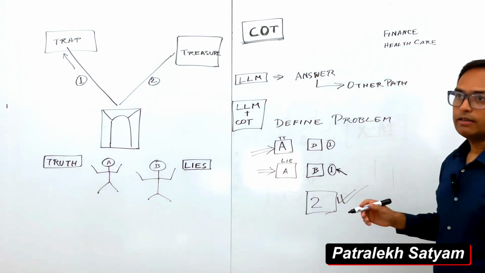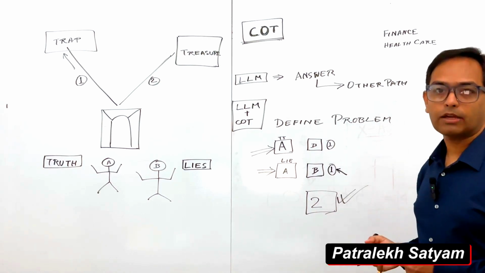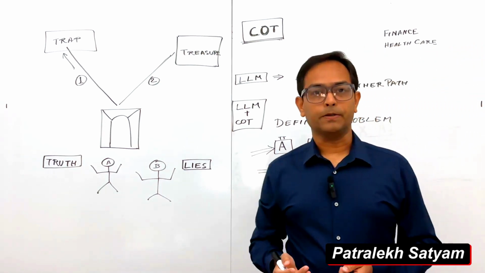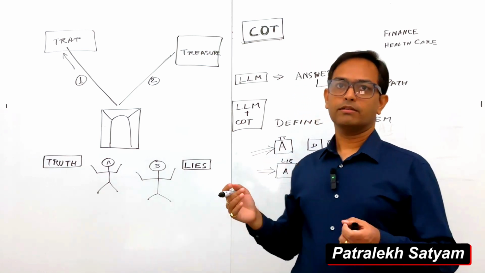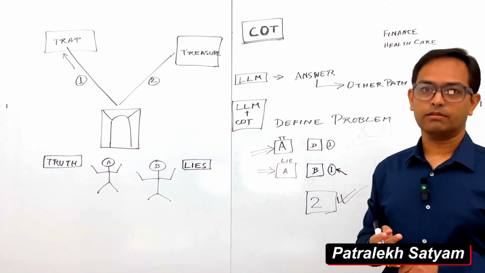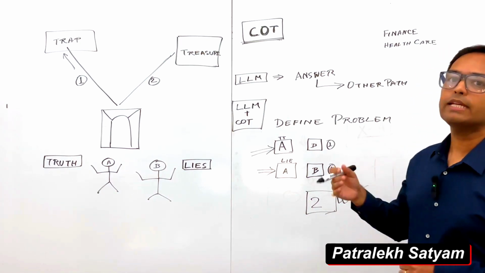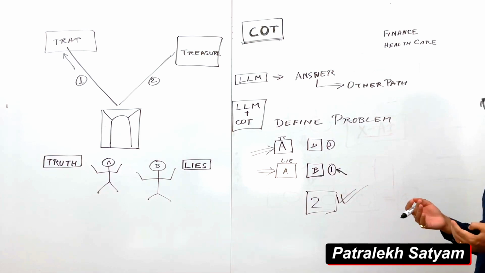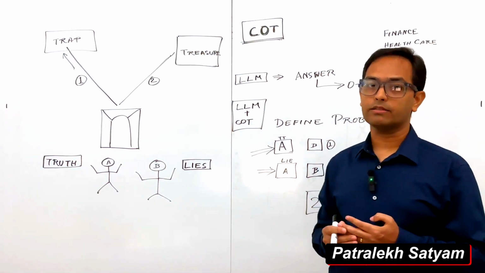Similarly, in finance, you ask it a question: I have $1,000 and I want to invest. Where should I invest it? Now it just comes back and tells you, keep it in savings, or invest in stocks, or buy bonds. Now, why did it say that? I told it I have $1,000. I want to invest it for 3 years.